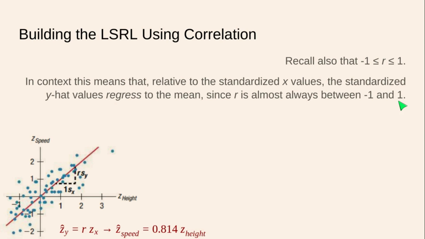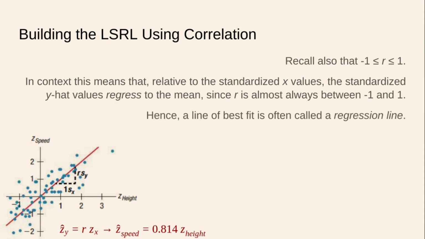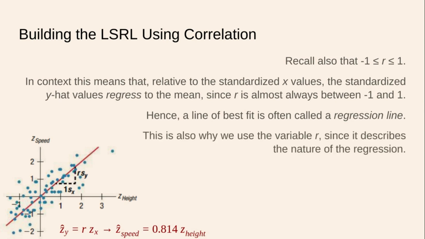So this is why we call it a regression line, because this value r describes the nature of the regression, okay? We say for every change of one standard deviation of height, we don't increase by one standard deviation of speed.